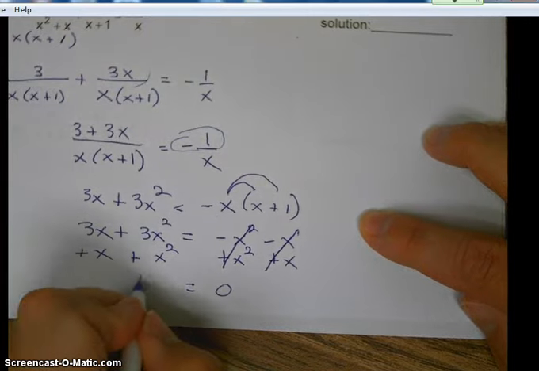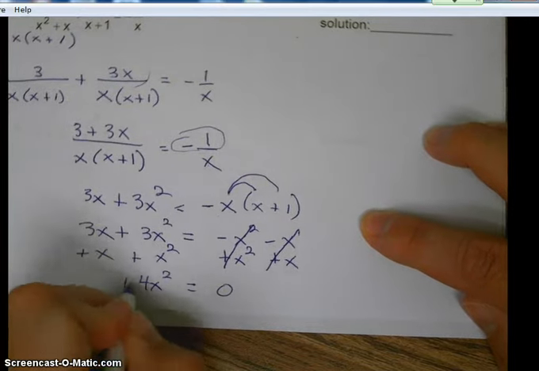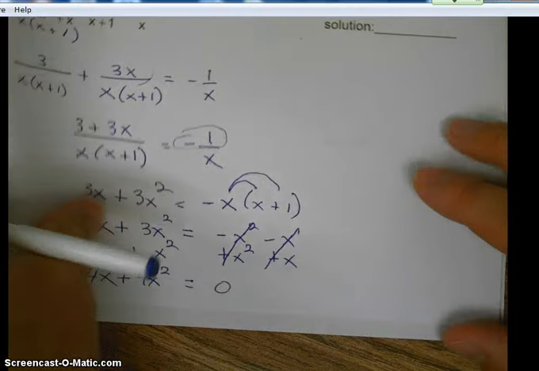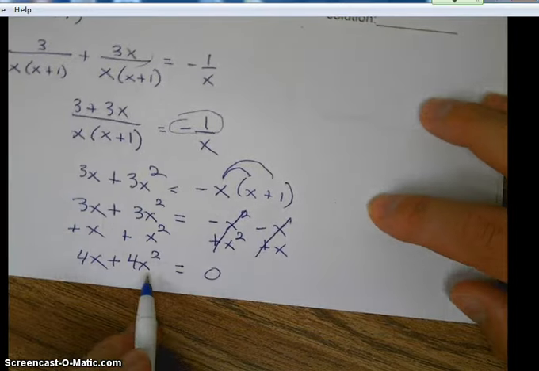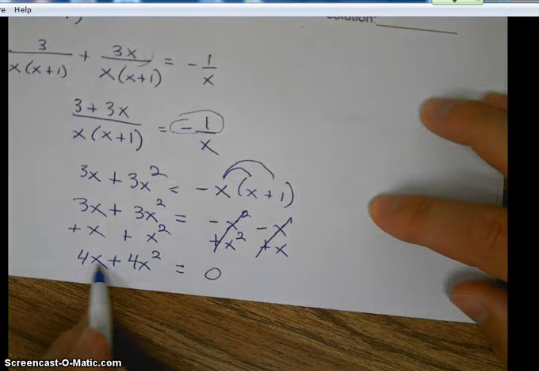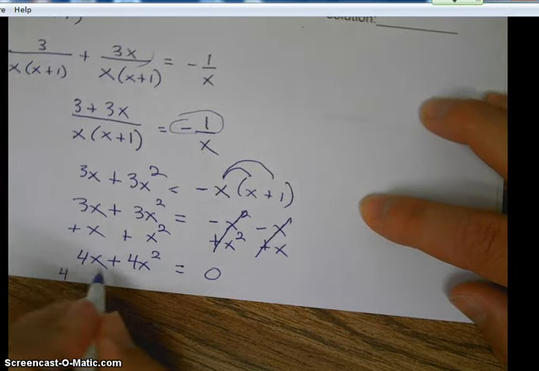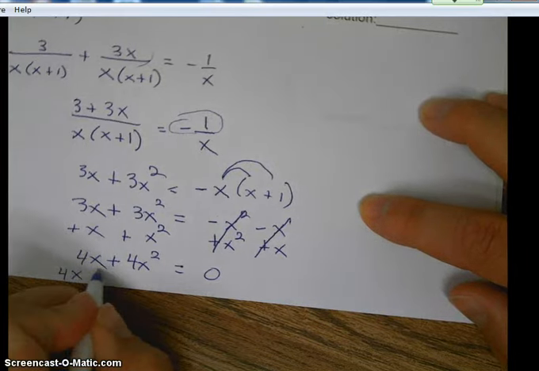So we're going to have 4x squared and 4x. Then of course we want to solve this. I see I can factor out a 4 out of both terms, and an x out of both terms.